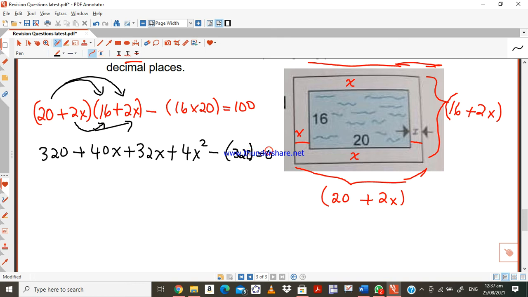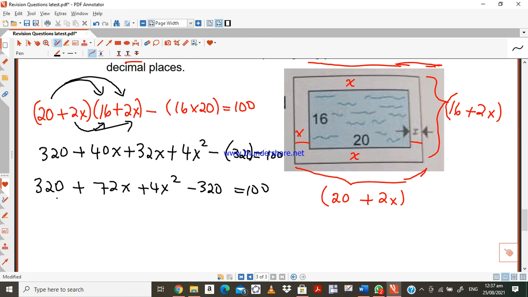That should give you 100. Let's make that nice so it doesn't look so horrible. So this is 320 here, plus, if you add this one, you get 72x plus 4x squared minus 320 is equal to 100.